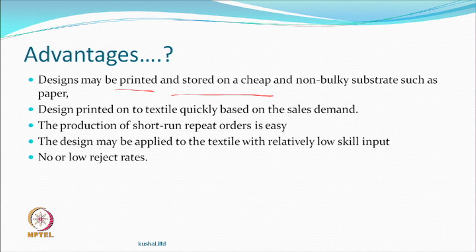If a transfer temperature is required and you are able to make and control it, then chances of rejects are almost 0. But yes, you can always make a mistake, like a wrinkle somewhere, or the fabric and the paper slipping, but invariably this may not be the case.